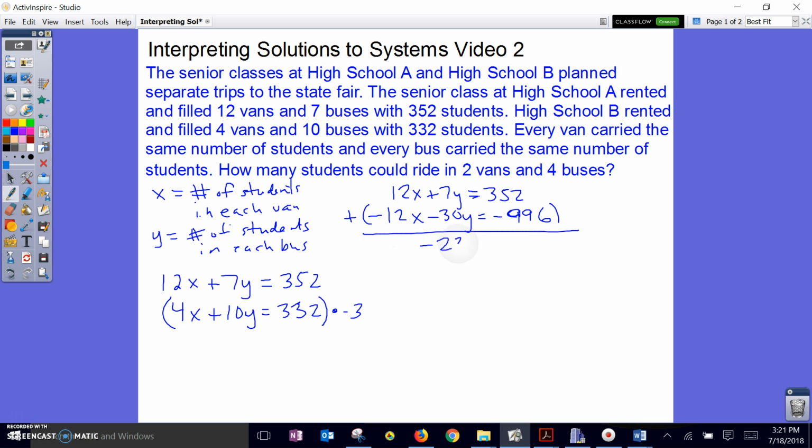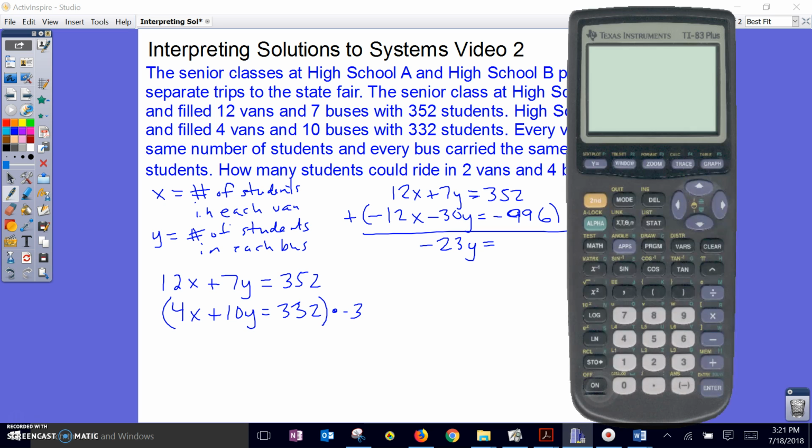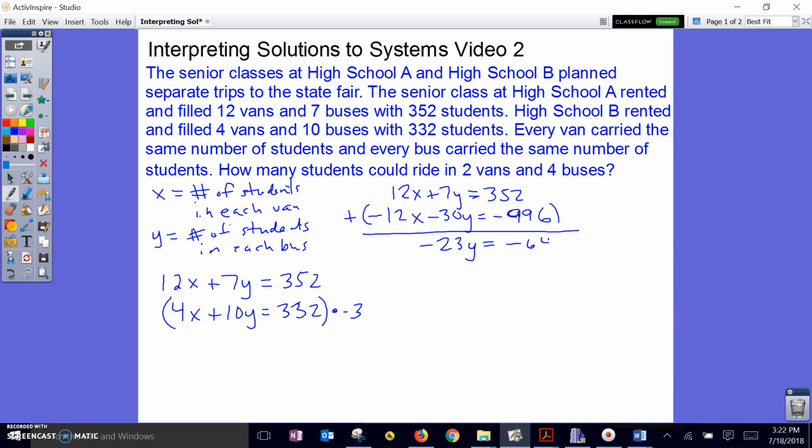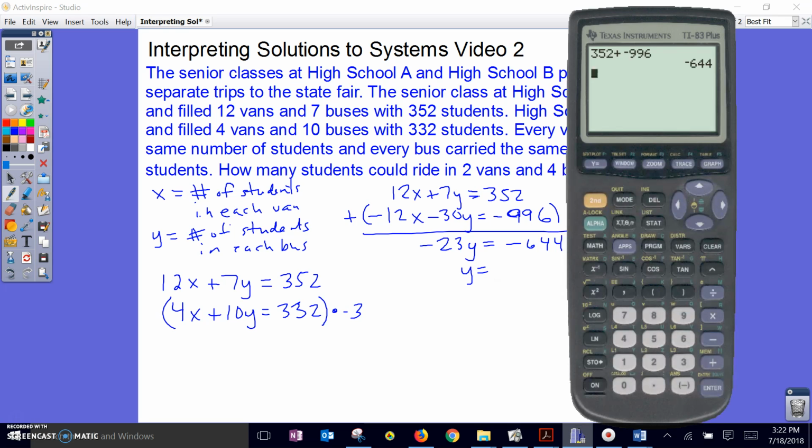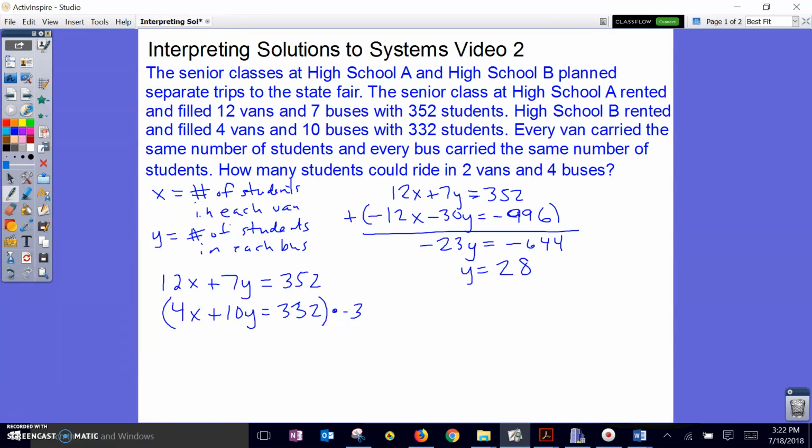I get -23y is equal to, making sure I don't make a mistake here, 352 plus -996, which is -644. Then to get the value of y, we divide both sides by -23. We take -644 divided by -23, and we get that y is equal to 28.